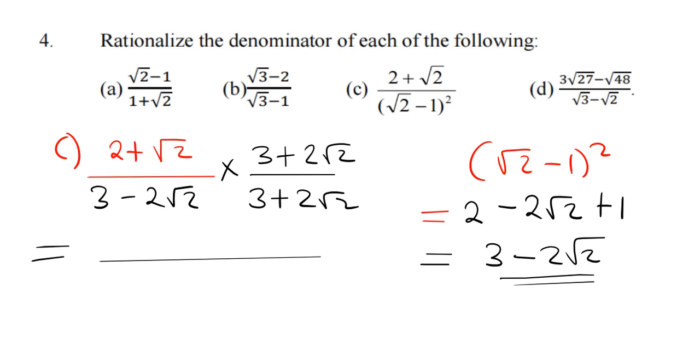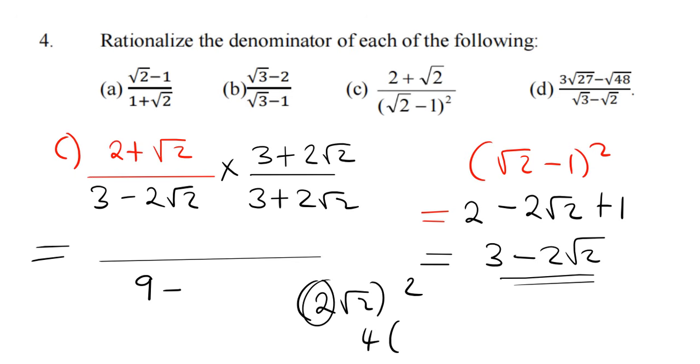For the denominator, you just get this and square it, and you also get that one and square it. Now if I square 3, I'm just going to have a 9, minus, now if I square 2 root 2, I'm going to have 2 squared, that is 4.